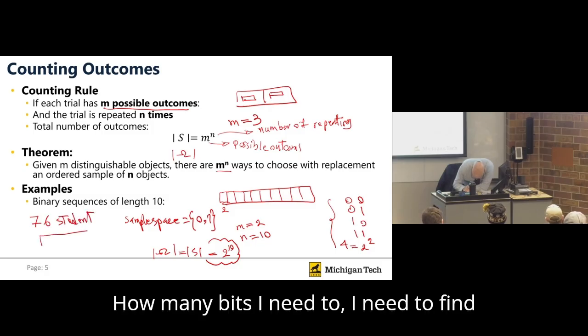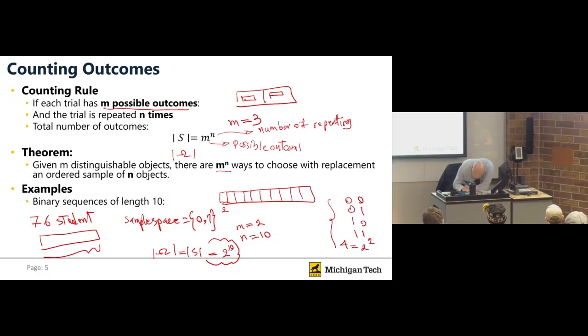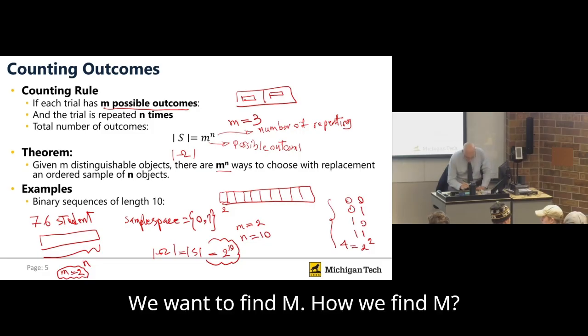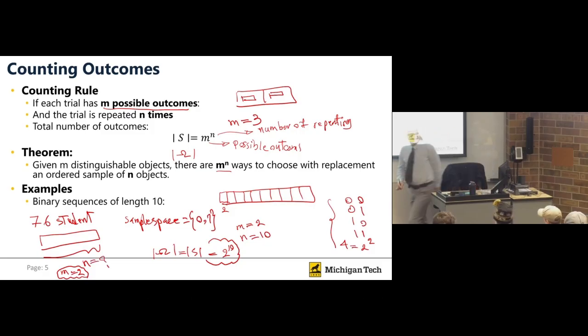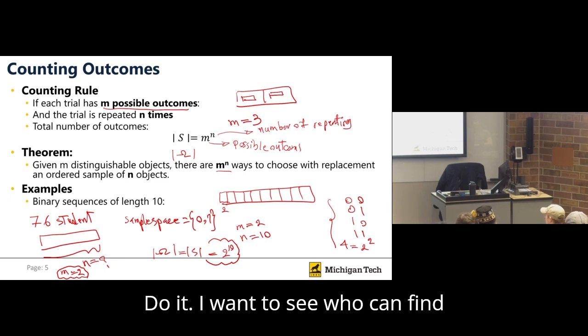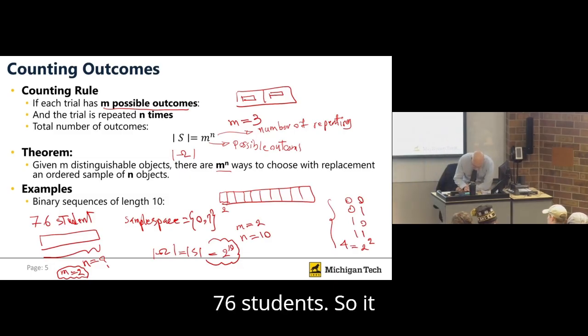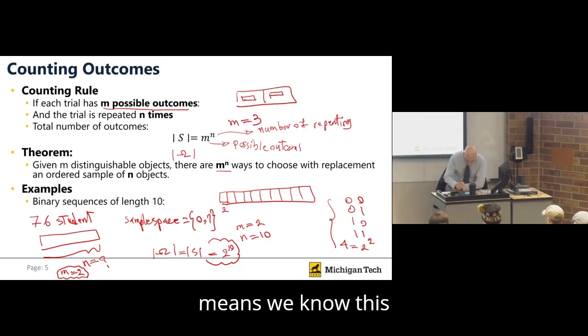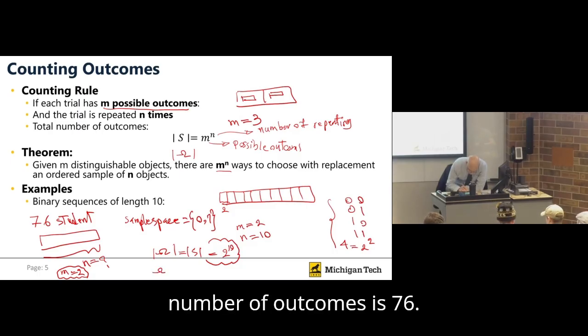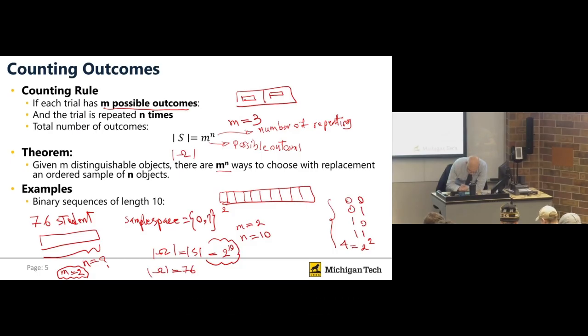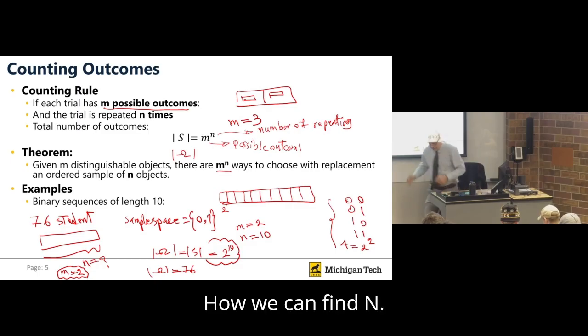How many bits do I need to find this n? We know m is 2. We want to find n. How do we find n? Do it. I want to see who can find it first. So we know this number of outcomes is 76. How can we find n?